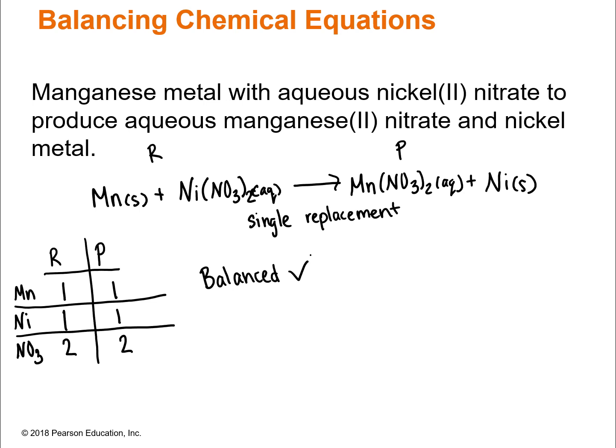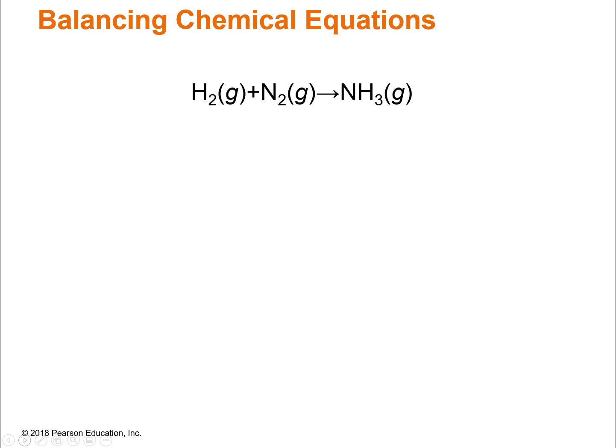Everyone that you get is not going to be balanced. But I wanted to use this example to show you how to make your chart. Let's try balancing one for real.